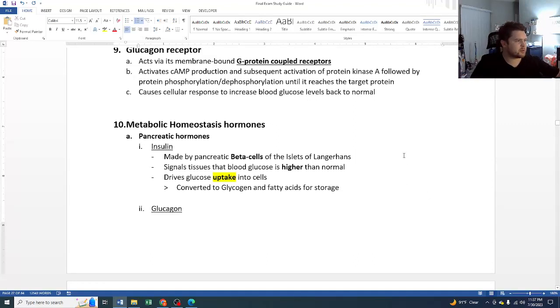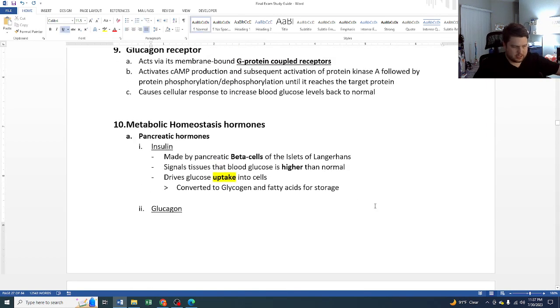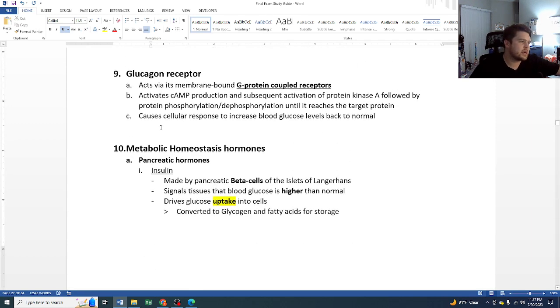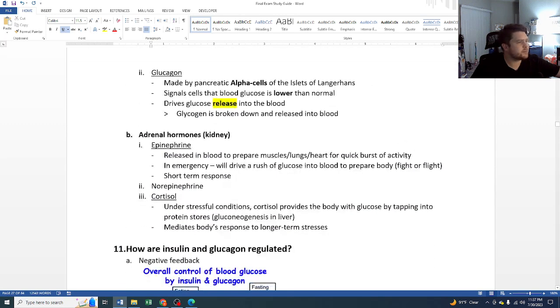These specific hormones, the metabolic homeostasis hormones, there's a handful of them. The insulin and the glucagon come from the pancreas, specifically the insulin from the beta cells and the glucagon from the alpha cells. We also have adrenal hormones, the epinephrine, norepinephrine, and cortisol, releasing from the adrenal glands.